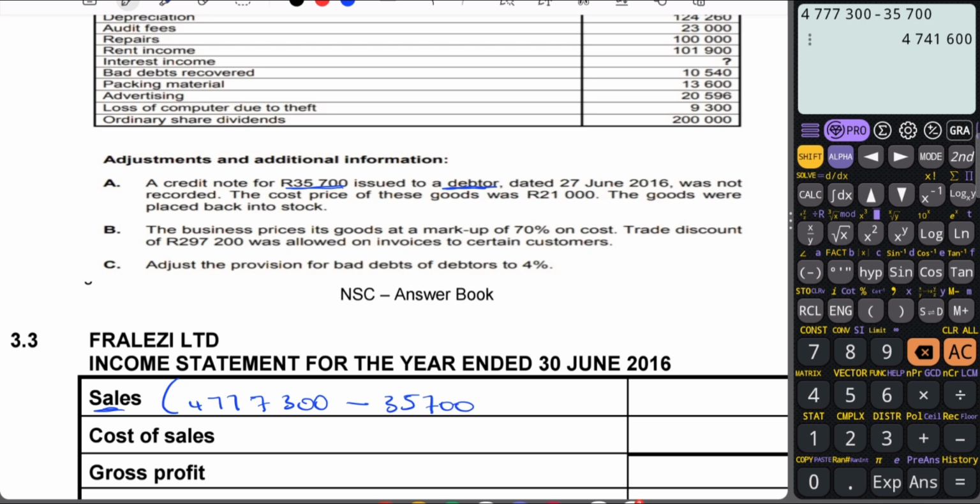The credit note, dated 27 June 2016, was not recorded, guys. This is very important. It was not recorded. It means that there is no entry in our books. The cost price of these goods was 21,000 and the goods were placed back into stock.